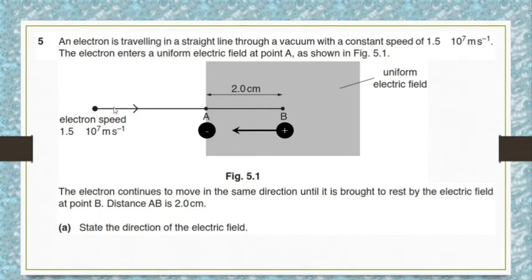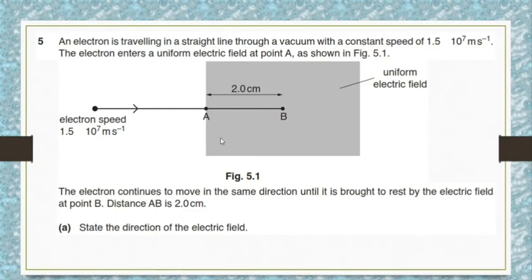And then when there is an electron placed in that field, it will experience a force that is in opposite direction to the direction of the electric field. So when this electron is placed inside, it will experience a force to that direction. So of course it will be accelerated, not stopped at B. So this is not the case.